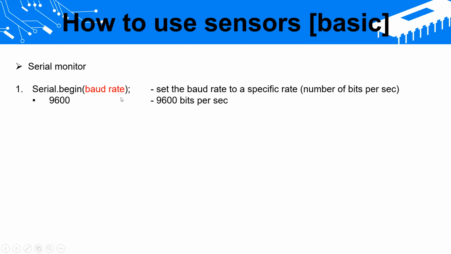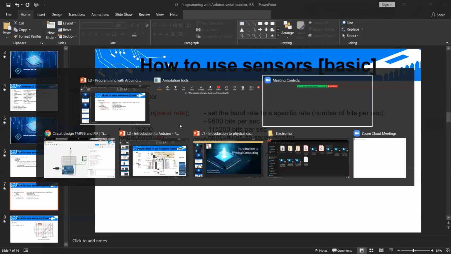There are a set of baud rates; in the default case, we are using 9600, but we can use other baud rates as well.